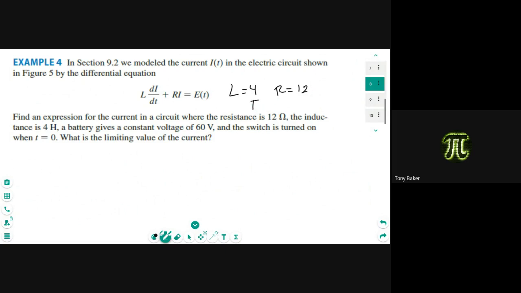And E of t is your voltage, which in this case is 60. The di is because we're looking for I. I is current, your amperage. I hate that they make I and L look the same. And we're looking at its change over time. That's where the dt comes from.